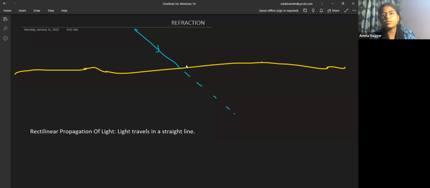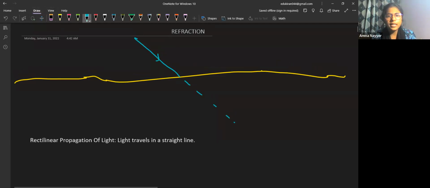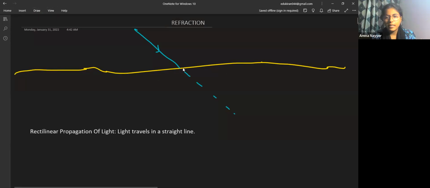If it goes like this, that will be reflection. That process is called reflection. Instead of going like this, it either goes like this or goes like this. Means whatever was its original path, it deviates a bit or more from its original path. That phenomenon is known as refraction. Bending of light also you can say.